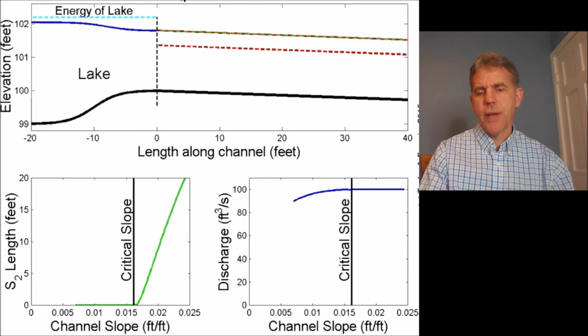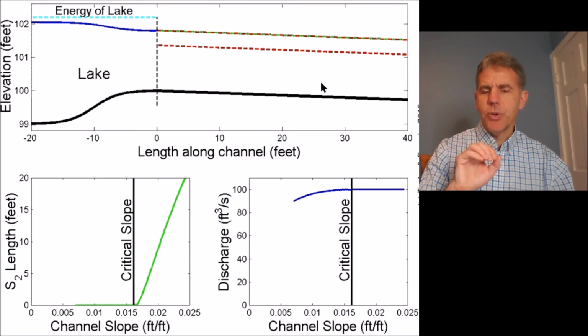We have a balance of energy taking place at the outfall, but you can think of this downstream channel as the milder the slope becomes, the less it's able to drain the lake, and therefore the smaller the discharge that we observe.